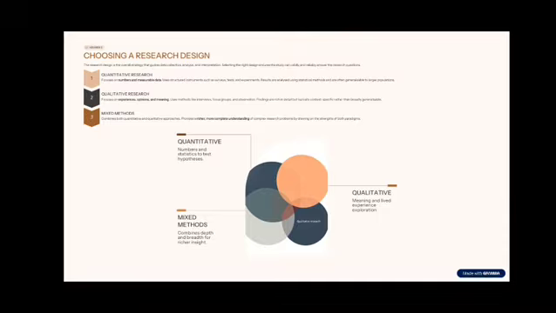It uses methods like interviews, observation, and focus groups that are detailed and rich but usually specific to a particular context. Finally, mixed method. This approach combines both qualitative and quantitative data. So, depending on our research problem, we choose the design that fits best.